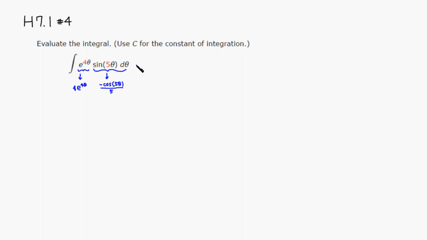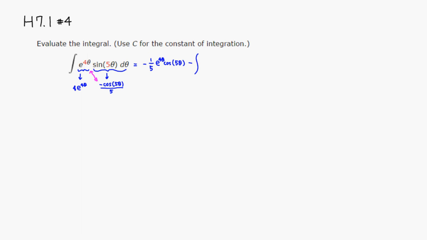Then all you have to do is, first one, you multiply diagonally. So you will get a negative 1 over 5, I meant 5, e^(4θ) times cosine of 5θ, minus integral.